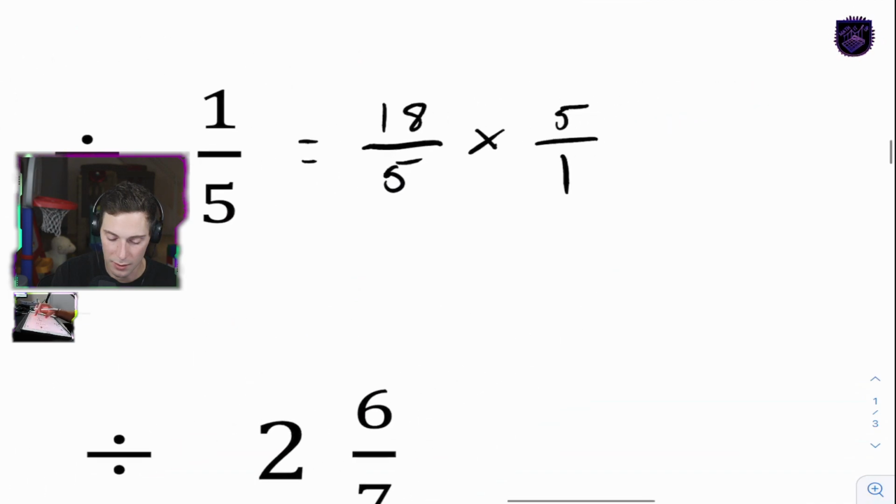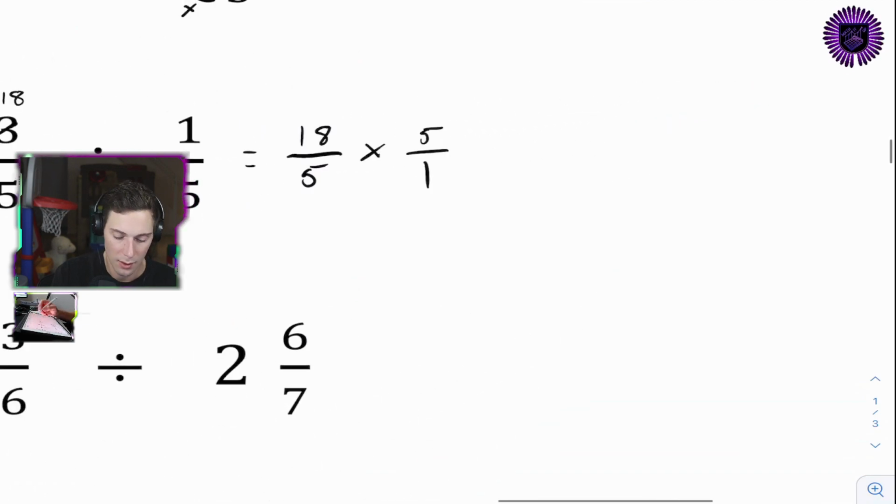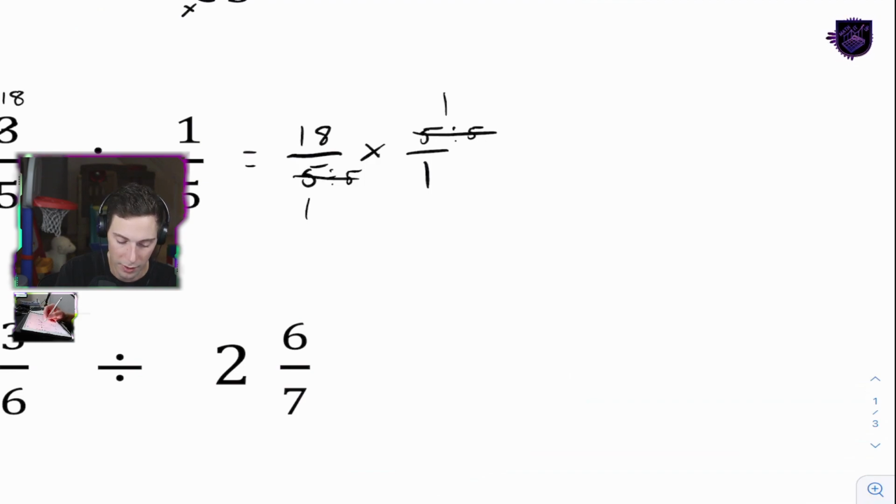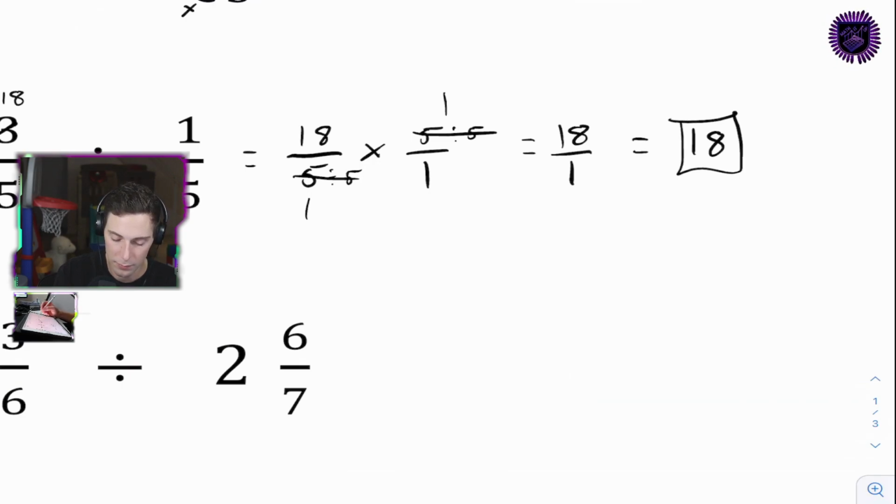And this is nice, because we have a GCF of 5, we can divide these top and bottom numbers by 5, which cancel out, divide out to make 1. This is just going to be equal to 18 over 1, which is, of course, equal to 18. Nice.